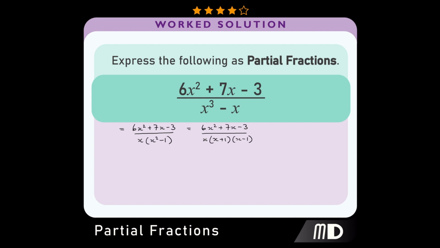So now our denominator is x multiplied by x plus 1 in brackets, multiplied by x minus 1 in brackets.